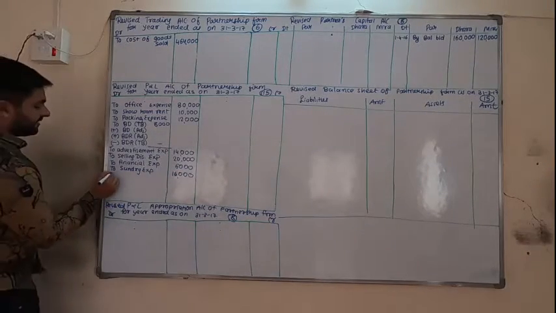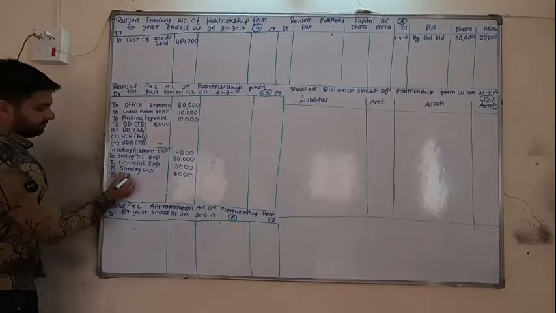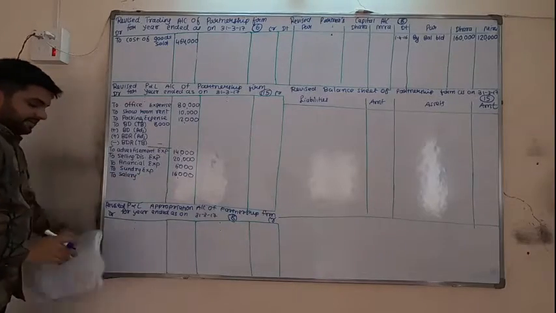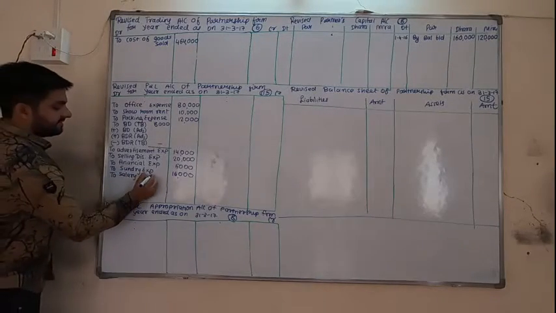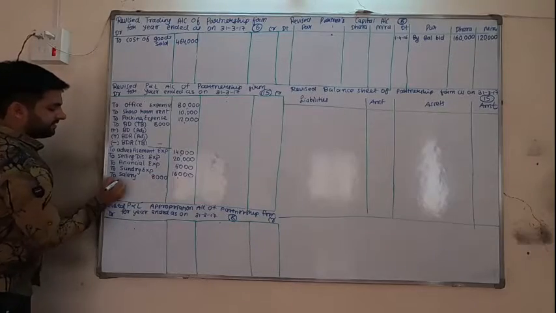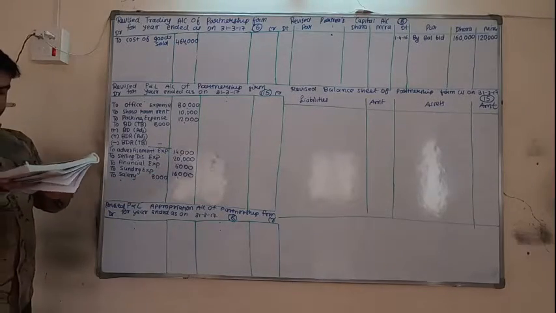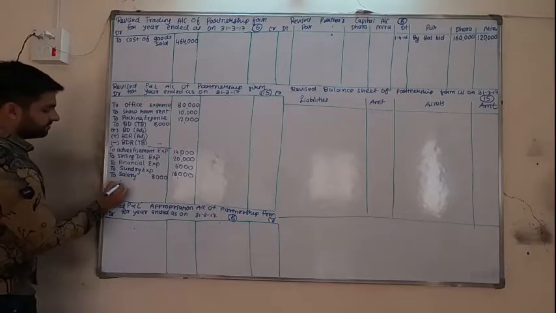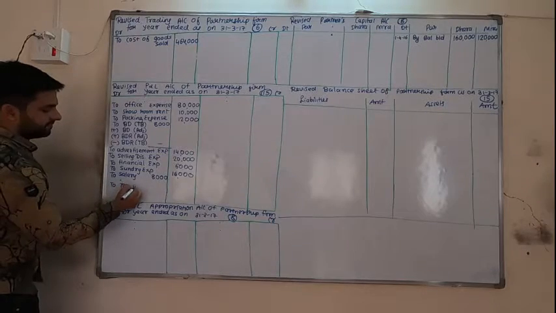Then next, to salary. Salary has an adjustment, so inside 8,000 keep one line. Tax and insurance also here. Most of the things are here.